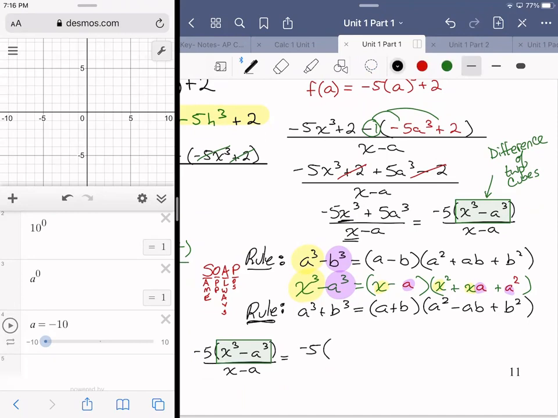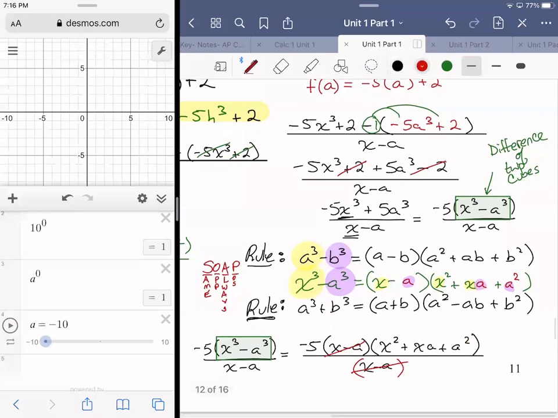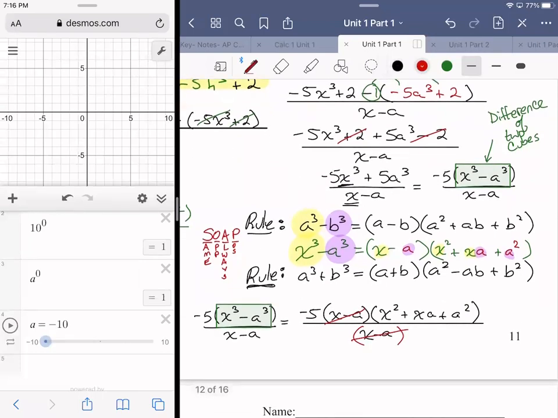That x cubed minus a cubed now gets replaced with an x minus a times x squared plus xa plus a squared, all over the x minus a, which allows us to cancel the x minus a's, which gets us to our final answer, which actually looks nothing like the other difference quotient: -5 times x squared plus xa plus a squared.